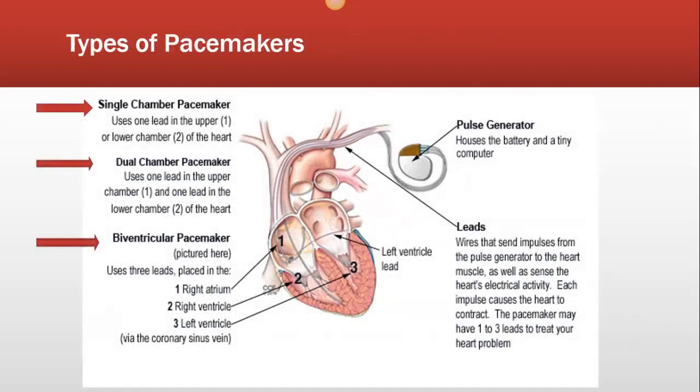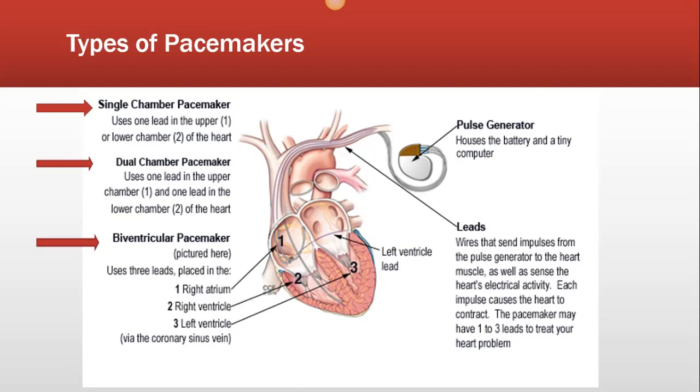Types of pacemakers: single chamber uses one lead in either the upper or the lower chamber to make the heart beat. Dual chamber generally uses one lead in the upper chamber and one lead in the lower chamber of the heart. And then, as I said before, the biventricular uses three leads, one in the right atrium, one in the right ventricle, and one in the left ventricle.